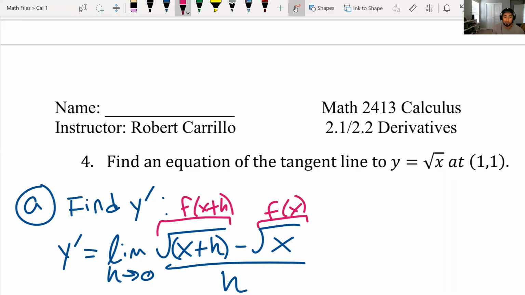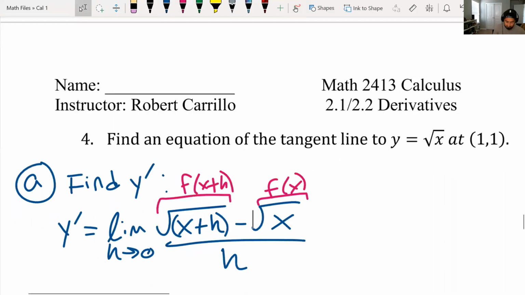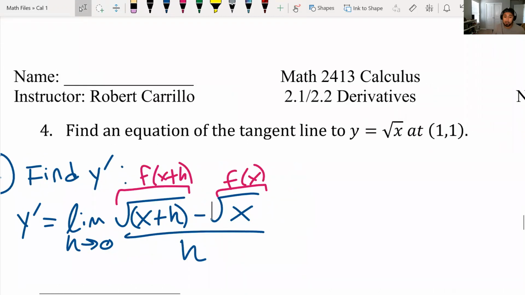But now, what do we do? Because we have f of x plus h, and we have f of x, it's all over h. Now we need to get rid of the h in the denominator. And we are going to multiply by something special. It's something we've been doing a lot lately. We're going to multiply by the conjugate.